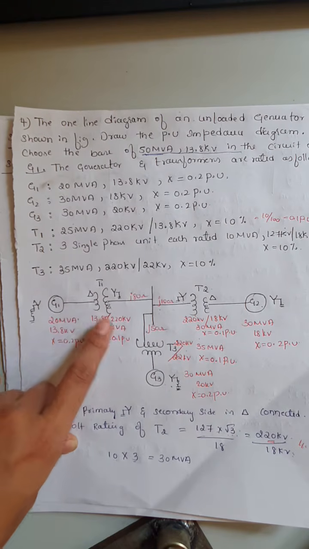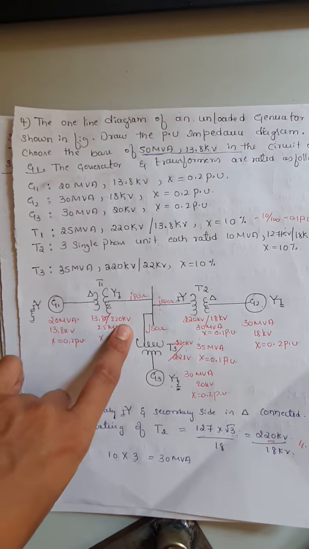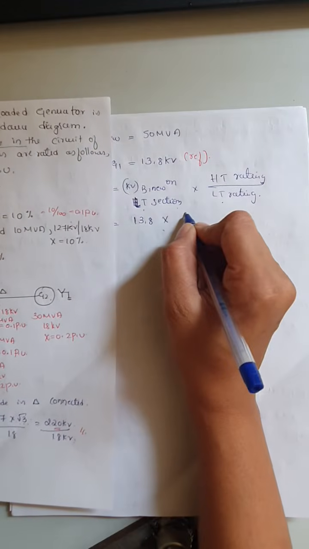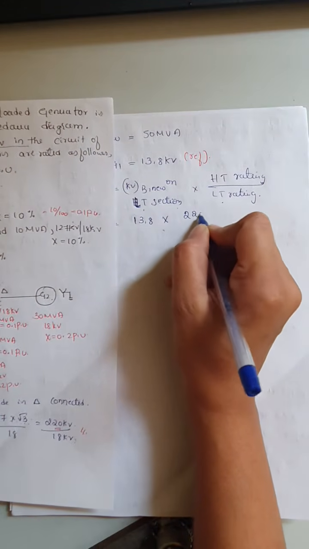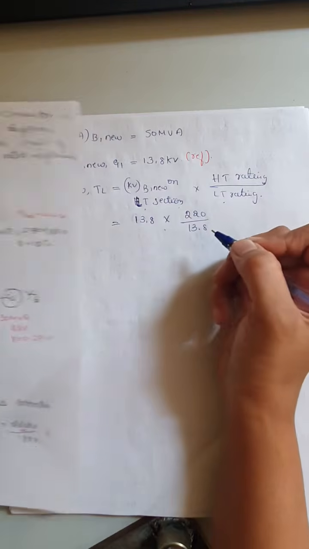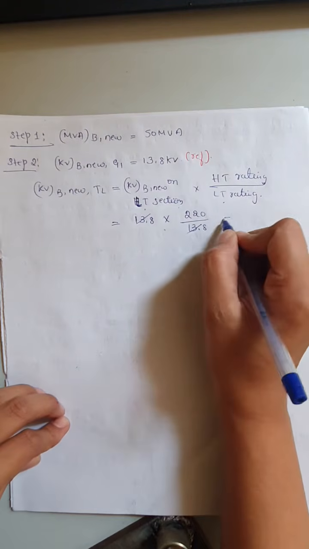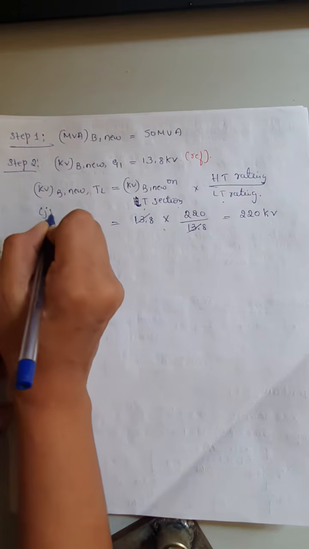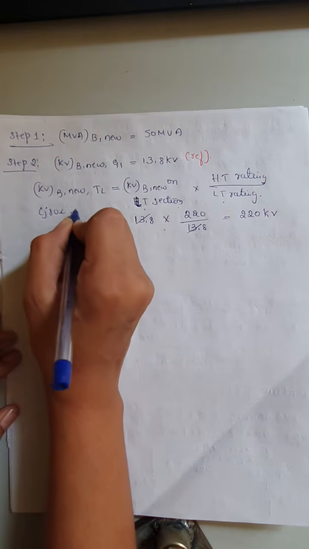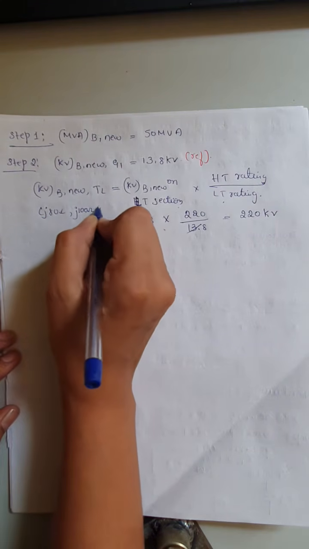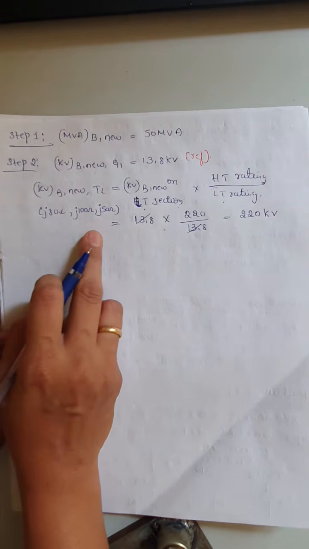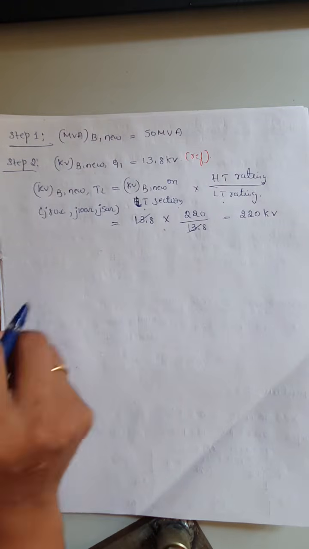The high voltage rating is 220 kilovolt, and the low voltage rating is 13.8. In the same way, high tension is 220 divided by 13.8. Now cancelling this, we write the base voltage as 220 kilovolt. This remains the same for the J80 ohm transmission line, J100 ohm transmission line, then J50 ohm. So for all three reactances of the transmission line, we have the same base voltage of 220 kilovolt.